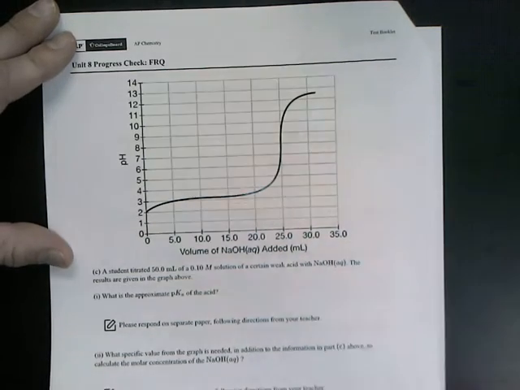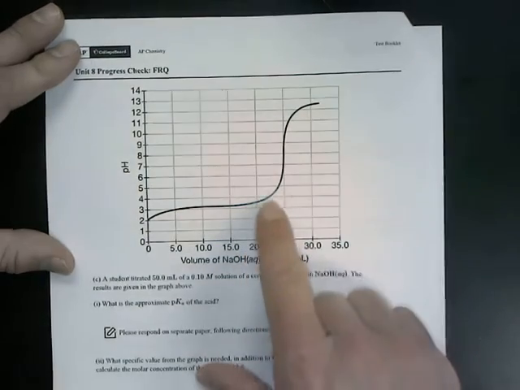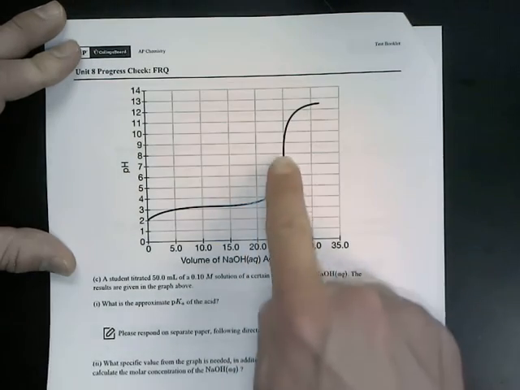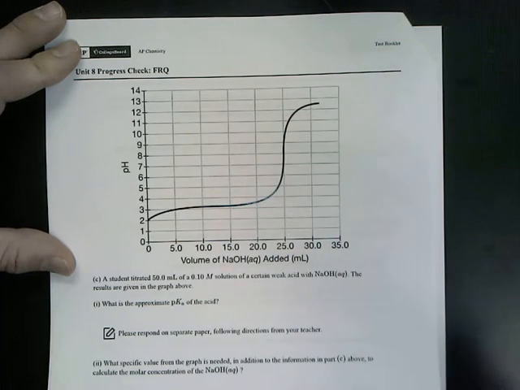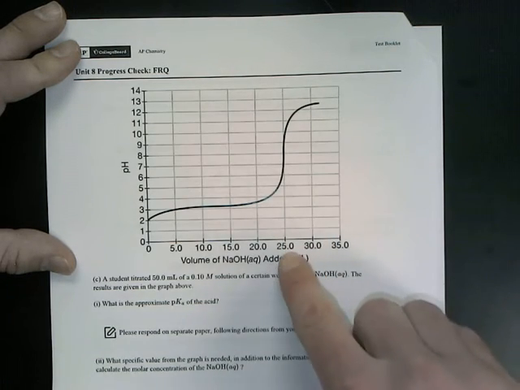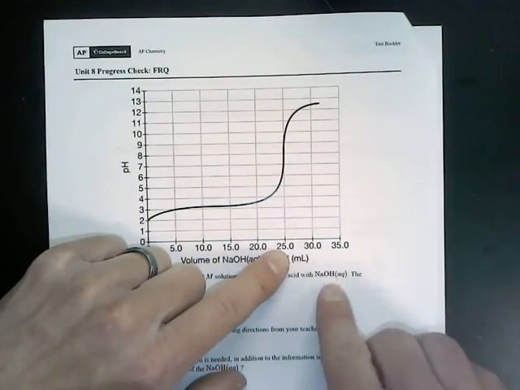And so at the equivalence point, you're going to have a dramatic change in your pH. So our dramatic change in pH is this big straight line in our graph. Now, roughly, we're going to estimate that our equivalence point is at 25 milliliters.